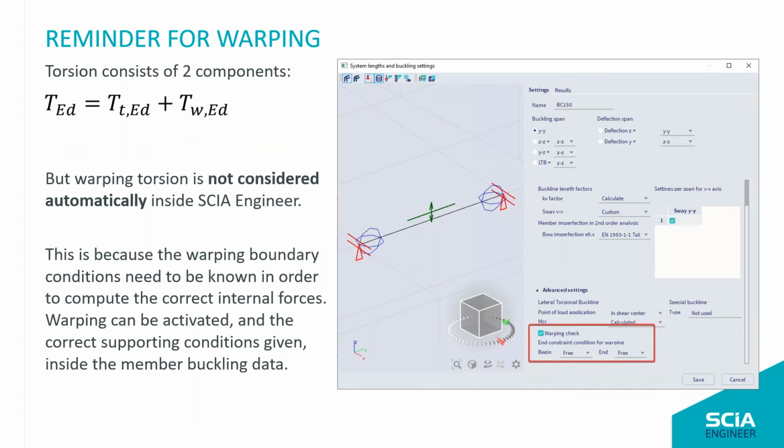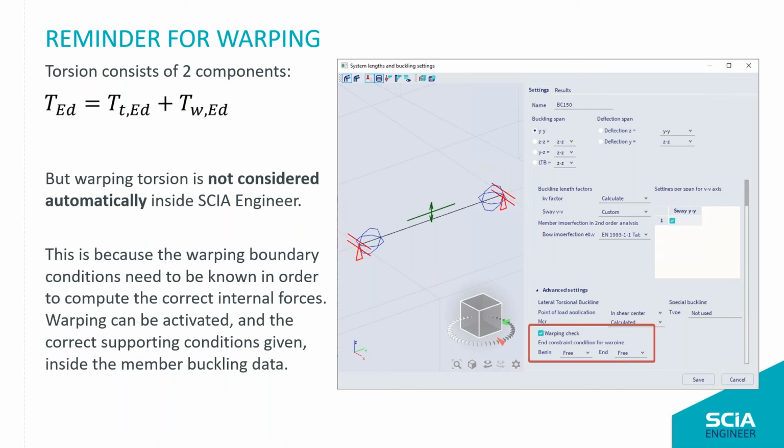On the next topic, this is actually not at all an addition to the Eurocode rules, but it's a reminder for all of you to think about warping when you have some significant torsion in your cross-sections, or when you have torsion-sensitive cross-sections. Because the warping part of the torsion is not considered automatically inside SCIA Engineer. To be able to do this, we should have a seventh degree of freedom, which is the fixity for warping of our sections at both ends of our members.